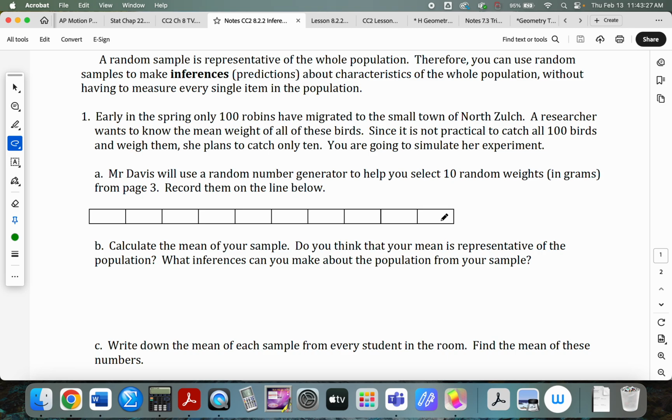Okay, so again, which student number you are is the number on your desk. Please find all 10, fill it out, and then find the mean of your sample. Okay? All right. So if you want to go ahead and label the rows and the columns, that might not be a bad idea.